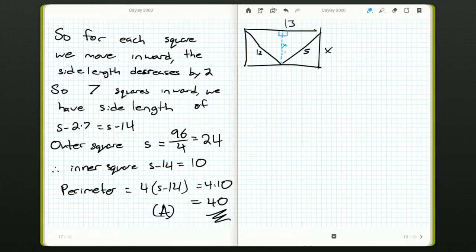And we could say, okay, x, you've got to split this side into y and 13 minus y, and use these equations to figure out what y is, and then figure out what x is. That is a perfectly valid strategy, because you'll have 5 squared equals x squared plus y squared, and 12 squared is equal to x squared plus (13 minus y) squared.